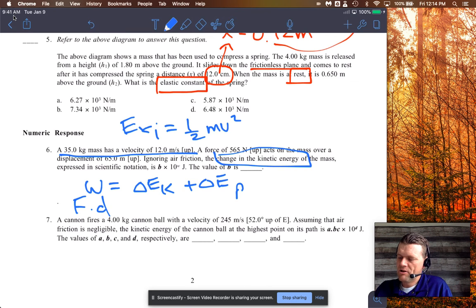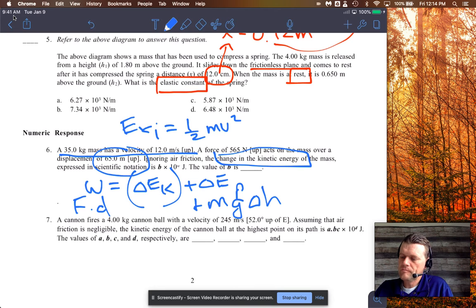And just like we did in the other question, if it experiences a displacement up, then that means you have another mg delta H. You've changed the potential energy of this mass by a little bit, and we have exactly the same question where you need to solve for the change in kinetic energy.